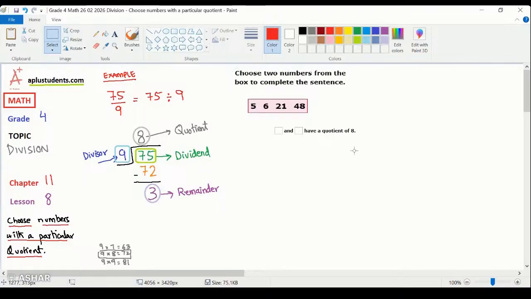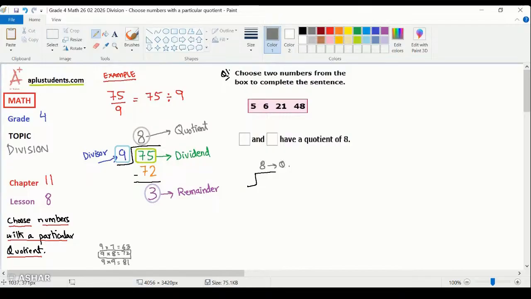These are the numbers given to us, and this is the sentence that has been given to us. Question number one: which two numbers have a quotient of 8? That means the two numbers, when divided, should have a quotient of 8. This should be the quotient.